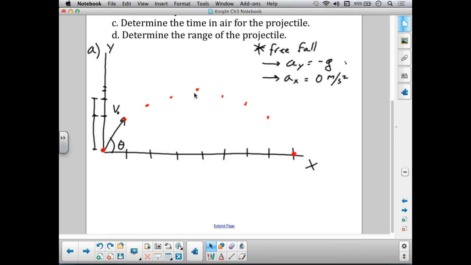Notice that I haven't put any numbers on this diagram yet. All I've done is recognize that this object is in free fall, so in the vertical direction it's going to slow down, eventually turn back around and speed up in the negative direction, and in the horizontal direction it's going to have equal spacing of the dots because the object is at constant velocity in the x direction.